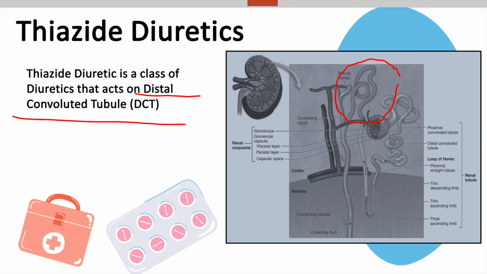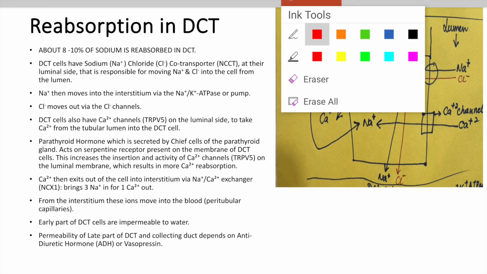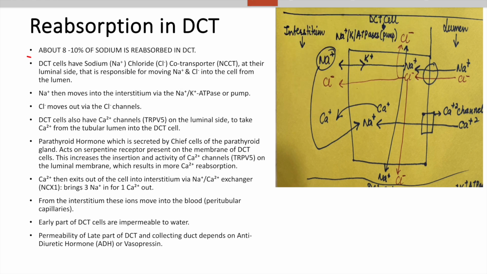Before going into the depth of how thiazide diuretics work, let us first see how reabsorption takes place within the distal convoluted tubule. The distal convoluted tubule reabsorbs around 8 to 10% of the sodium.